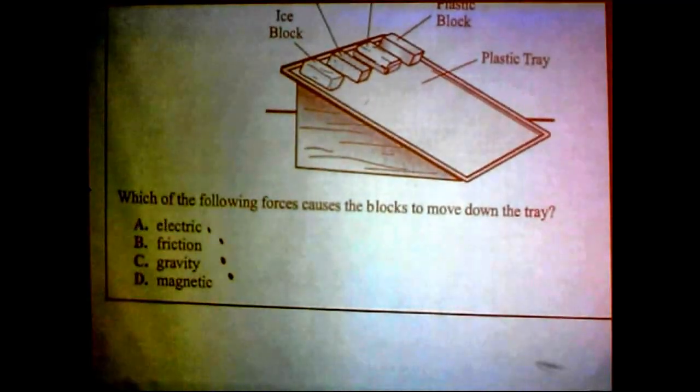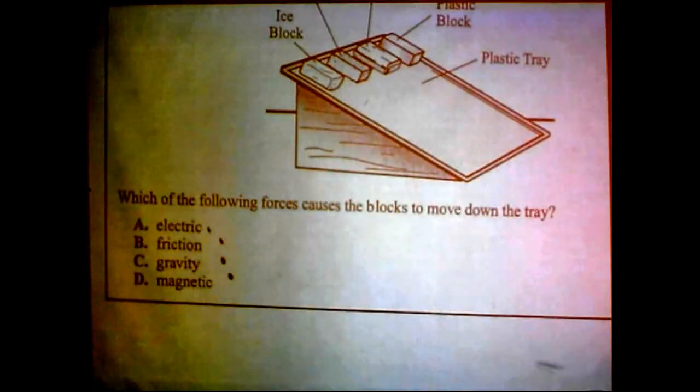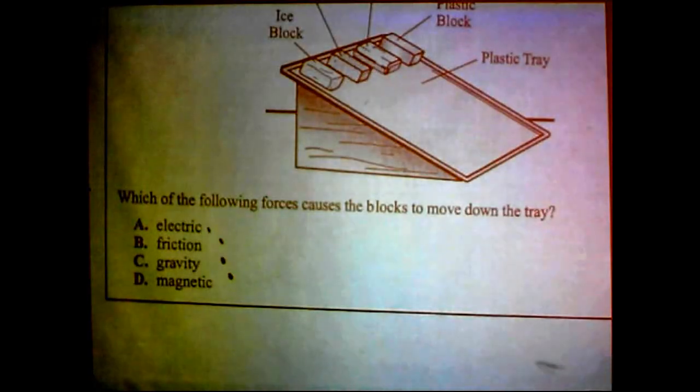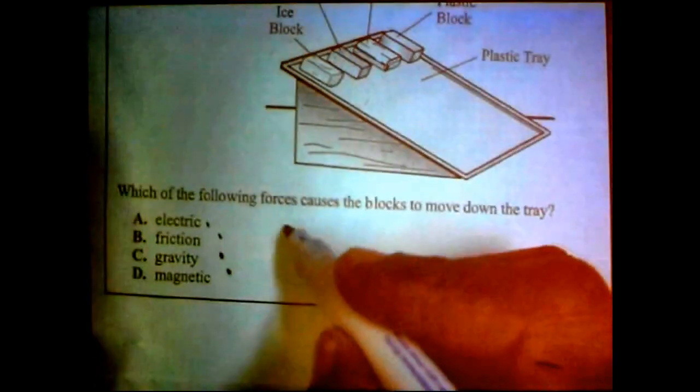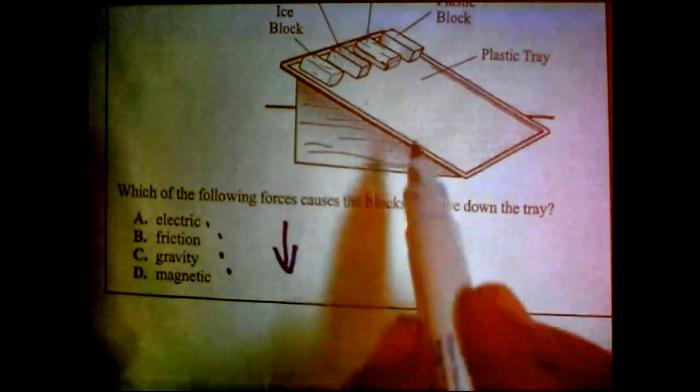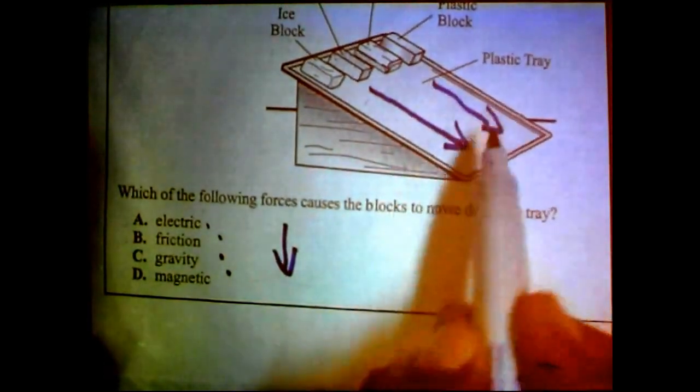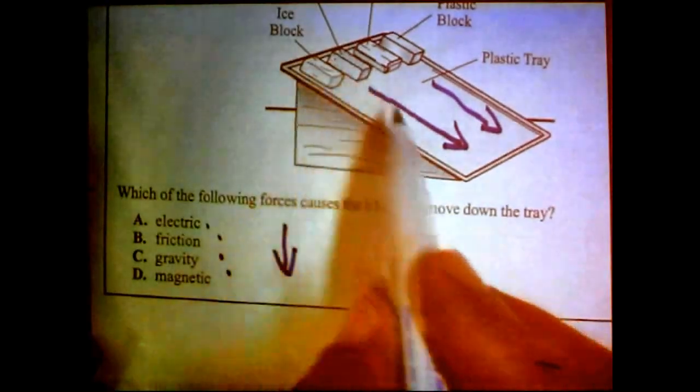Obviously, that's one of those knowledge-based questions where either you know it or you do not know it. In this case, everybody should know by now that gravity pulls downwards, okay? And that's the force that's going to pull on the blocks in the downward position, making it move down the tray.